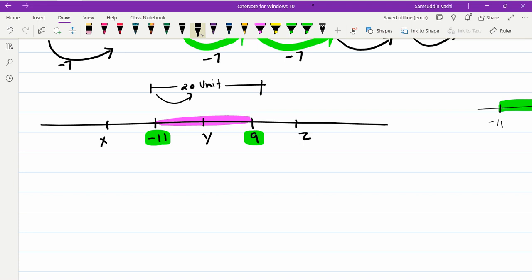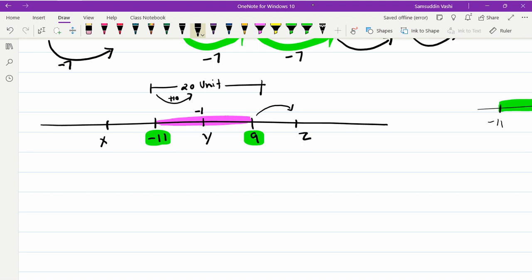So from -11, I'll pay back 10. We are doing plus 10. So it is payback. So it's -1. If I pay back again 10, I'm no more in debt. So then it is 9.